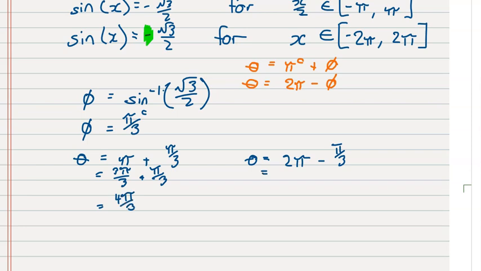And the second one, that's going to be 6 pi over 3 minus pi over 3, and that's going to be 5 pi over 3. So our first two solutions of x are 4 pi over 3 and 5 pi over 3.